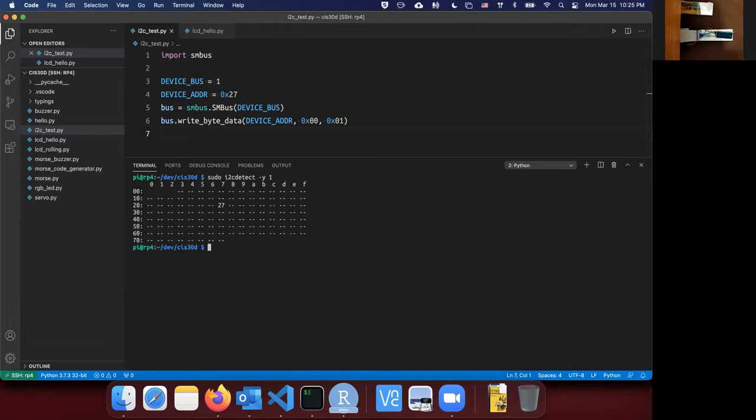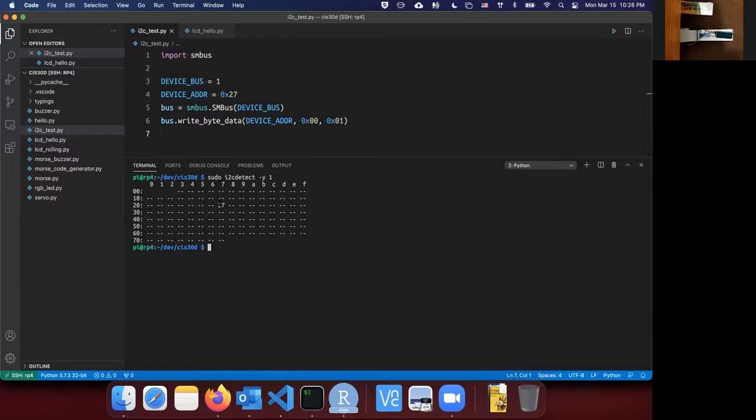So when you run this, it will show you a table. And as I mentioned, this table provides just a simple mechanism for you to read the address of your device.